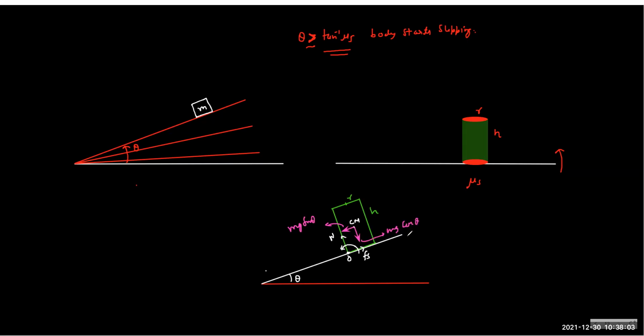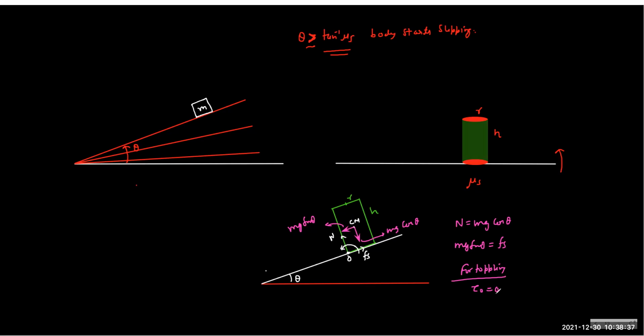As I said, we always assume equilibrium, so we take N equals mg cos theta as usual, and mg sin theta equals Fs. And now we are trying to topple it. So for toppling, we put the torque about O equal to 0. That's it, which gives the condition of toppling.